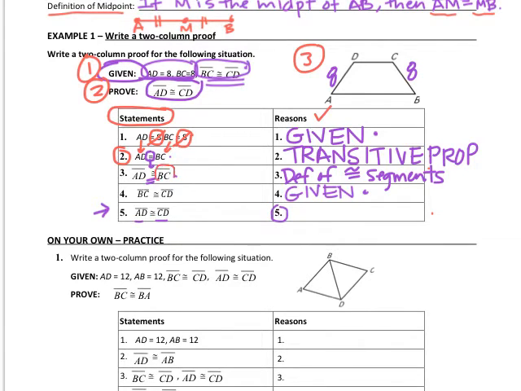So that means that we said something about BC in both of these. And if that's the case, then we can cross those off and leave the statement stating that AD is congruent to CD. And if we cross things off and we make a new statement with the things that are remaining, that's going to be the transitive property.